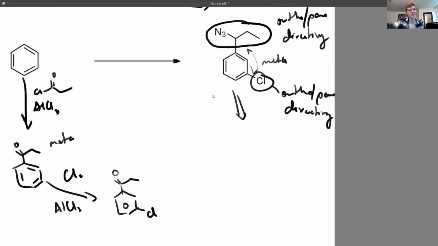Well, how are we going to attach the N3 at the end of the day? Like what reaction? I don't know. Or is it just going to be a substitution, right? Okay. I was thinking it was going to be more complicated than that. So here we're just using sodium azide, which goes by SN2, right?